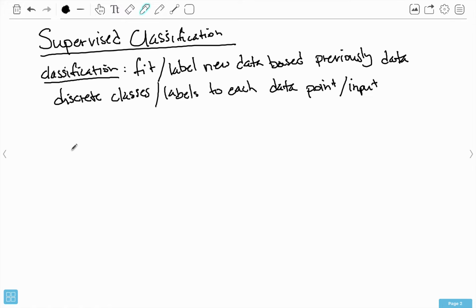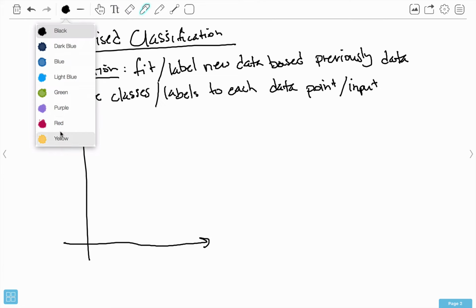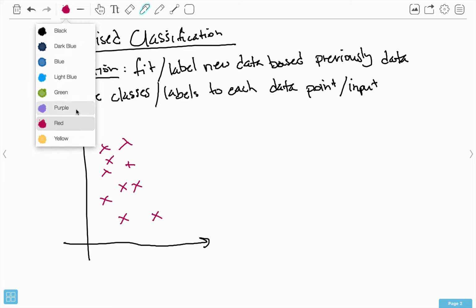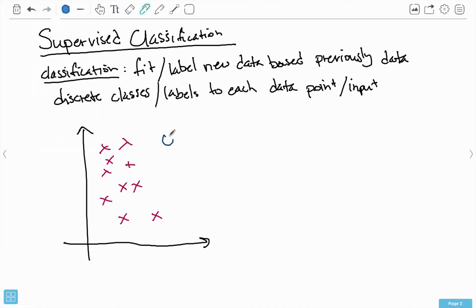Let me illustrate this by an example. Suppose I have a scatter plot over here. Let me add in some stuff. I'm adding in a ton of red X's, then we'll add blue circles over here.